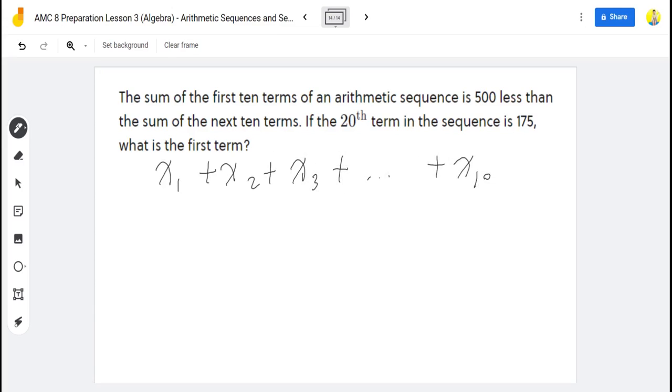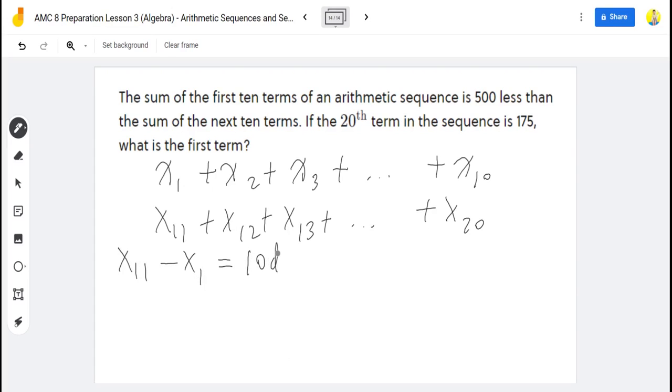Let the sum of the next 10 terms be x11 plus x12 plus x13 plus on and on plus x20. We see that x11 minus x1 equals 10d, where d is the common difference.